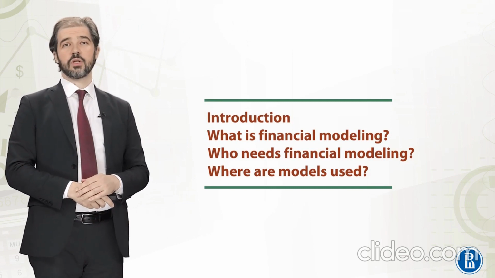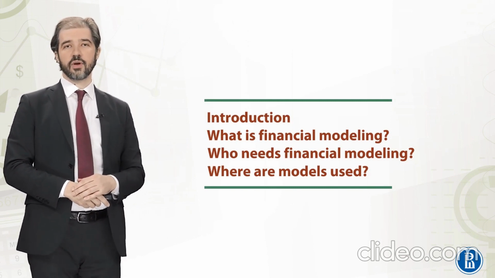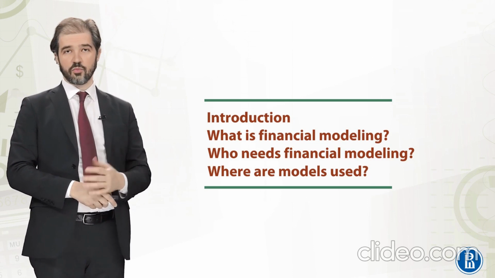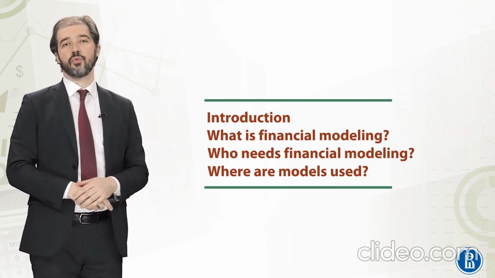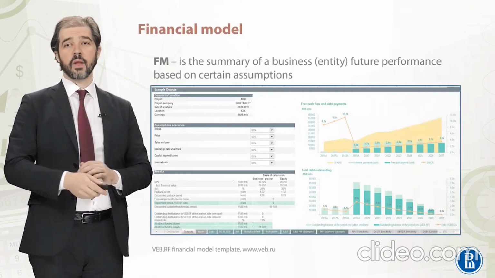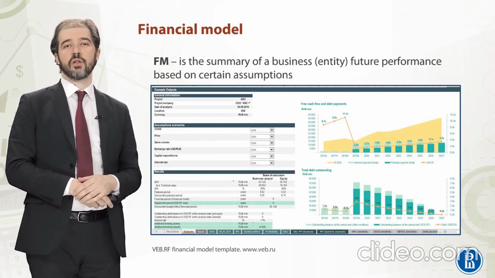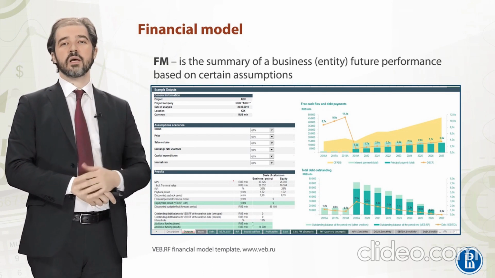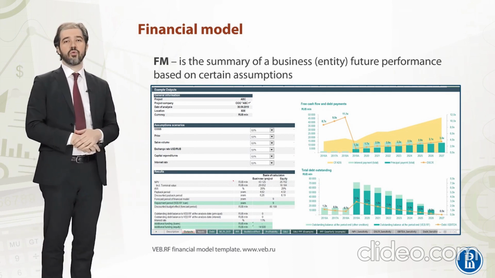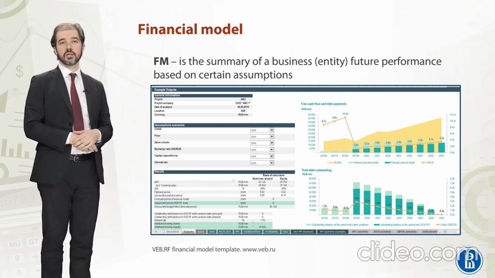We need to discuss what financial modeling is, who needs financial modeling and financial models themselves, and where they are used. Here we see a brief definition: a financial model is a summary of a business, entity or project's future performance based on certain assumptions.